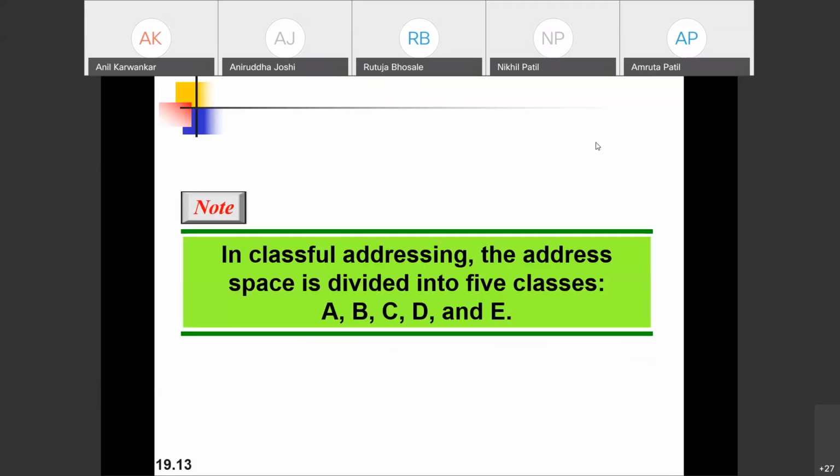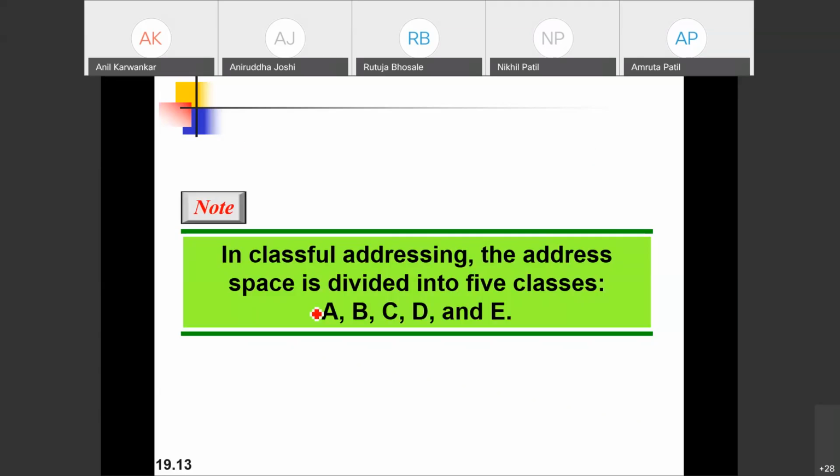In classful addressing, the address space of 2 raised to 32 addresses is divided into 5 different classes, known as A, B, C, D, and E. These are the classes of addresses.